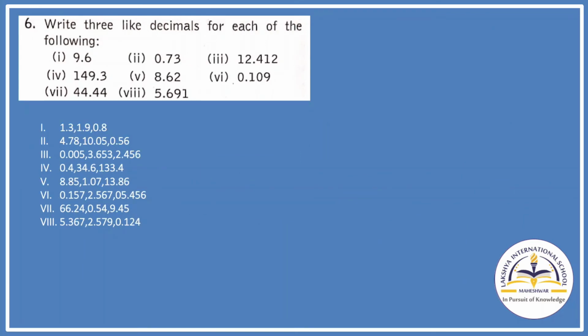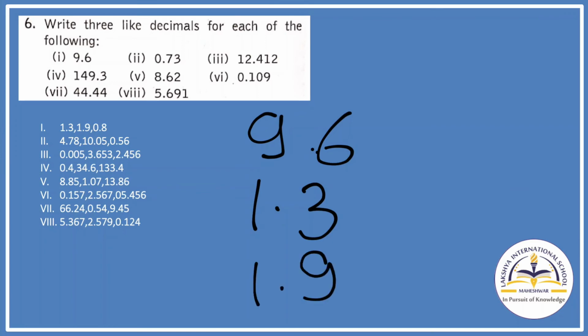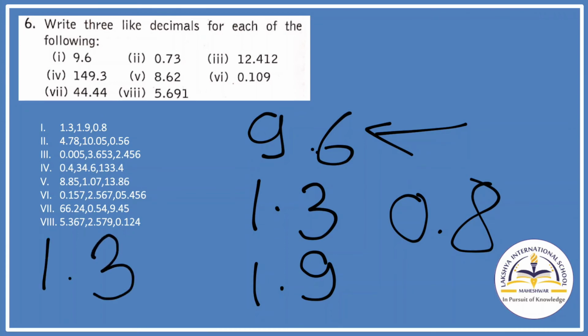Now question number 6. Write 3 like decimals for each of the following. Now 9.6. Which will be the like decimal? It will be 1.3 also, 1.9 also, or 0.8 also. Why? You can divide these two numbers by 3. So you can write 1.3 also, or you can divide. Okay, you can also multiply.